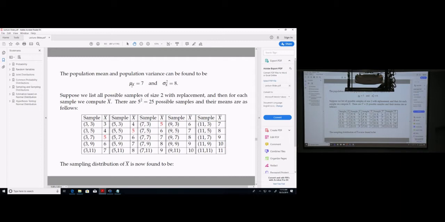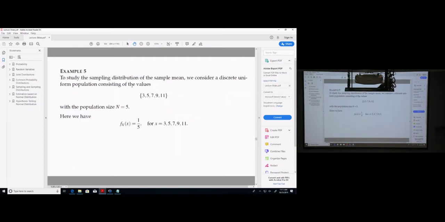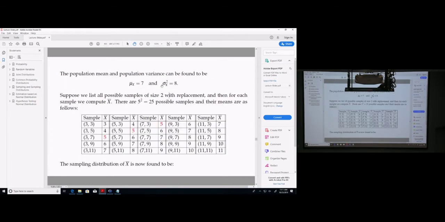All right. This is because the population mean is actually the center of gravity, but because everyone has the same probability, the center of gravity would be the middle of the numbers, which is 7, and you can calculate the population variance here. All right. So actually we know it, but we want to illustrate a point.